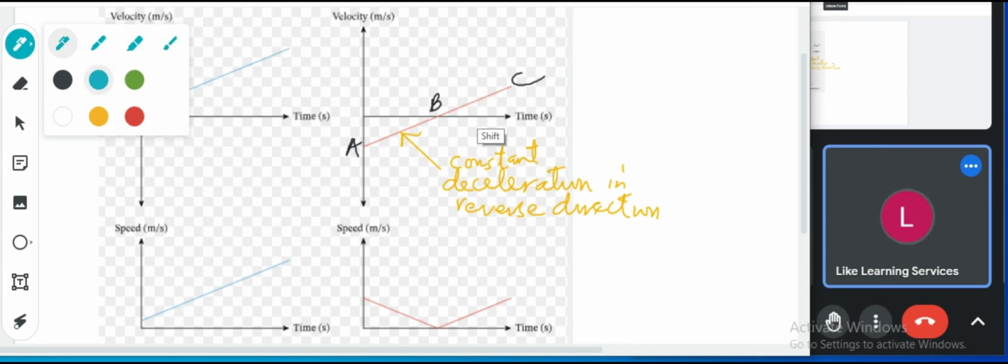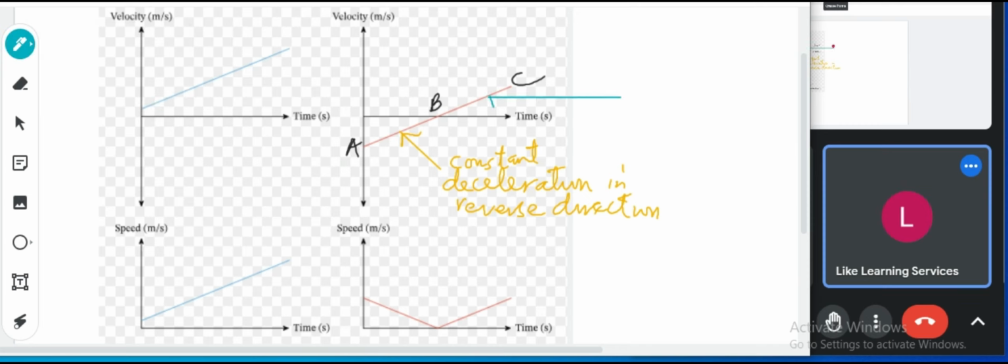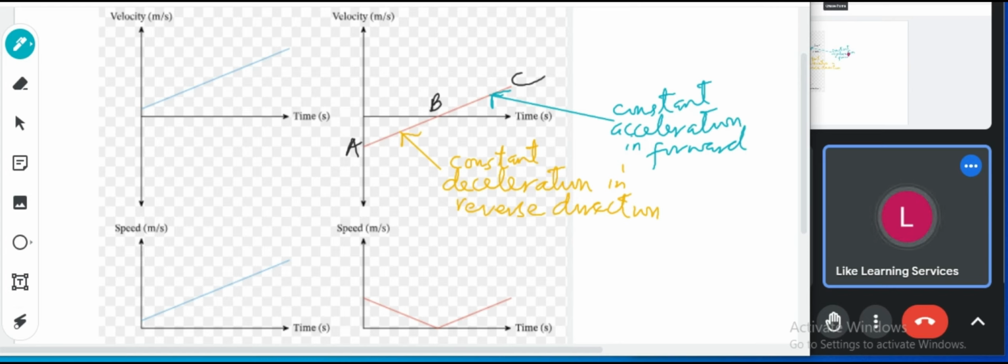B to C is constant acceleration, in, let's call it, the forward direction. Since this one is the reverse, the other one is forward.